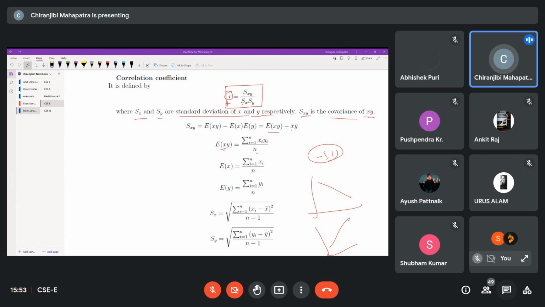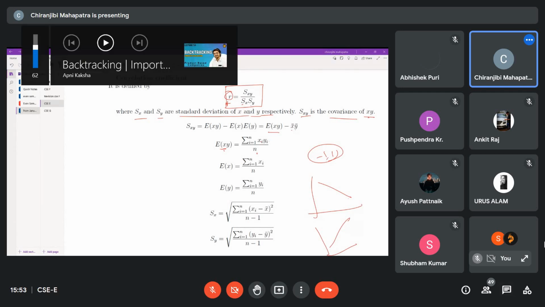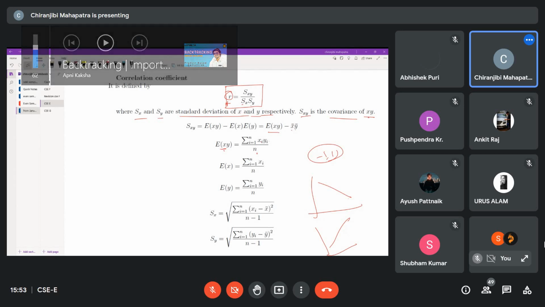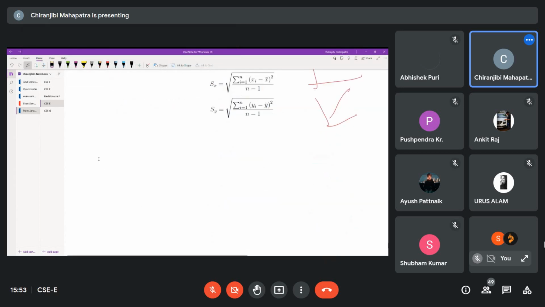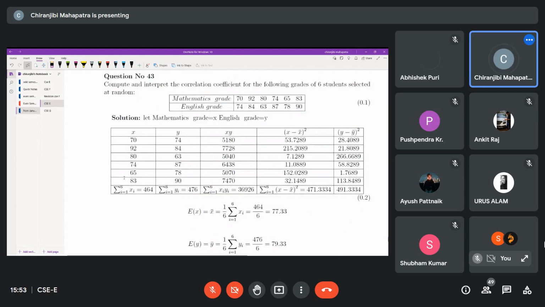एक प्रॉब्लम दिखा देता हूँ कैसे हम कोरिलेशन कोफिशिएंट को कैलकुलेट करते हैं. Compute and interpret the correlation coefficient for the following grades of 6 students selected at random. So mathematics grade and English grade. You want to find out is there any correlation between these two grades.